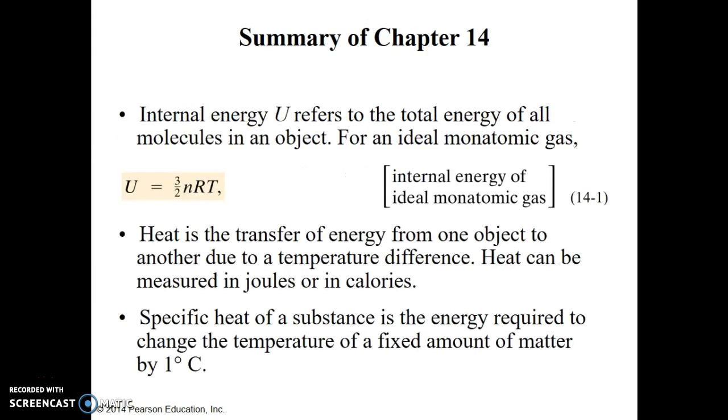So, to summarize this video, we have our total internal energy, which we find as N times the average kinetic energy of the molecules. So that'd be 3/2 nRT. We also learned that heat is a transfer of energy from one object to another due to a change in temperature.